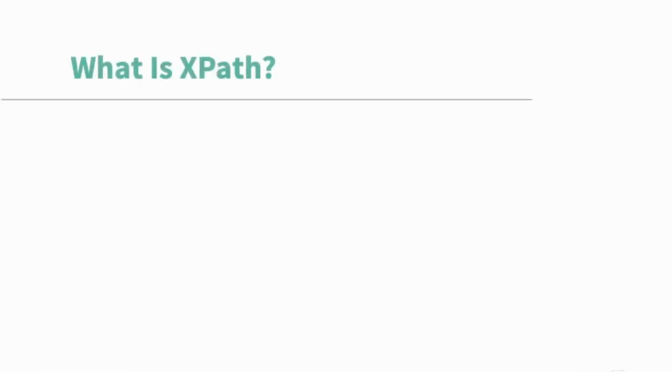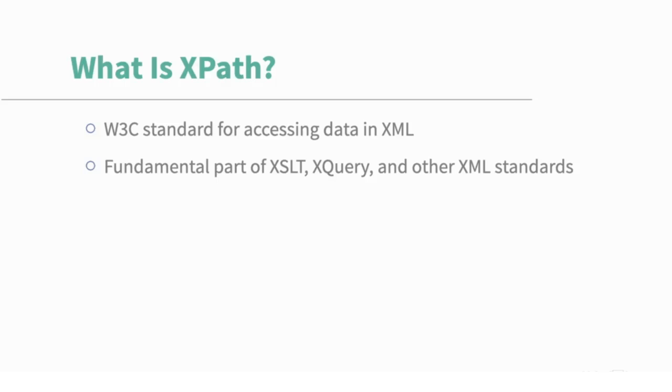A little earlier in the course, I talked about some complementary technologies for working with XML. One of those is XPath, which is what we're going to cover in this chapter. XPath is a W3C standard for accessing data in XML. It's a pretty fundamental part of some other XML technologies like XSLT, which we'll look at a little later, and XQuery and some others.